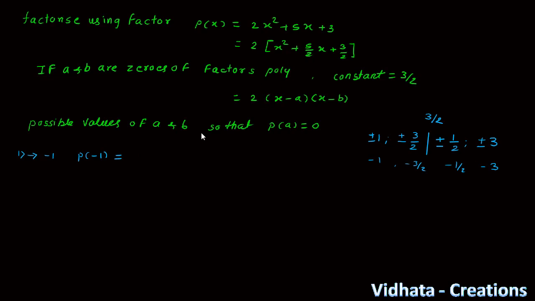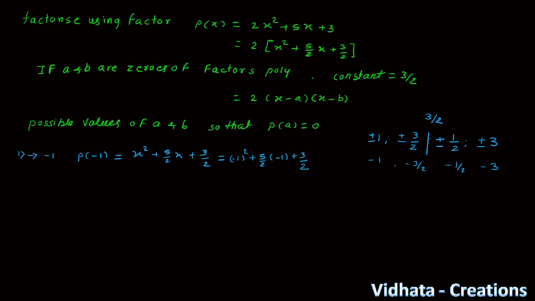We will use the polynomial x square plus 5 by 2 x plus 3 by 2. In this we can put the value and find the answer. For x equal to -1, I get (-1) square plus 5 by 2 into -1 plus 3 by 2.